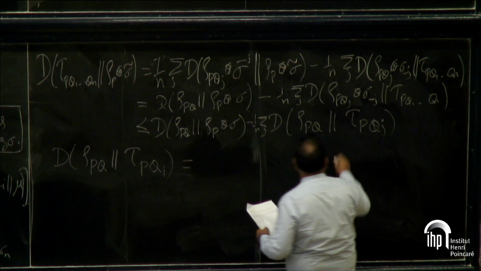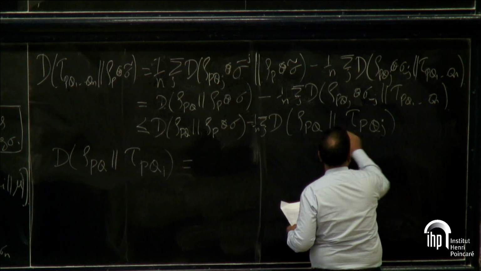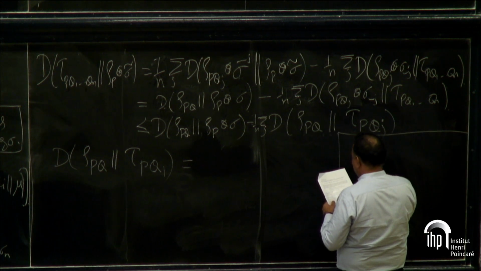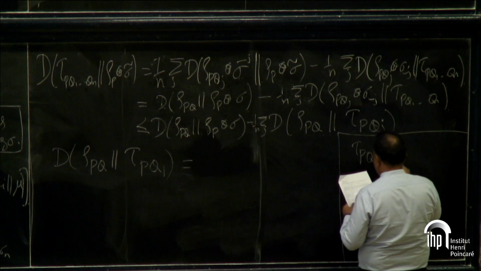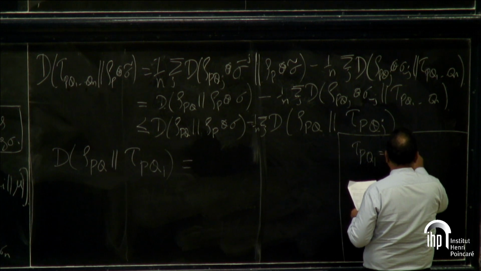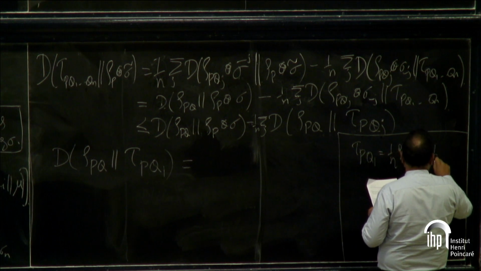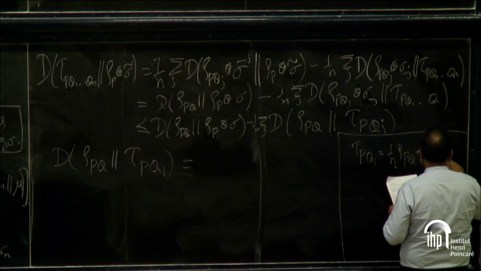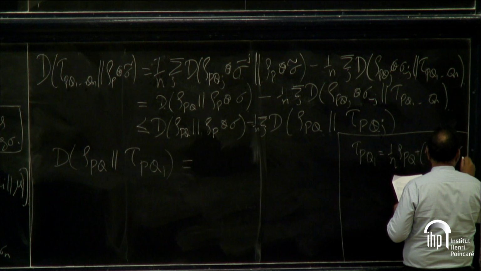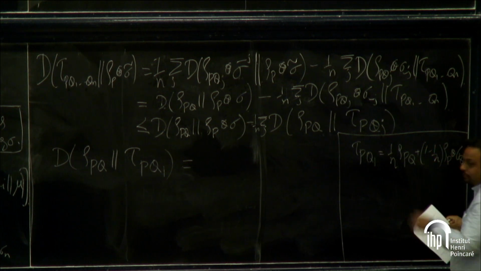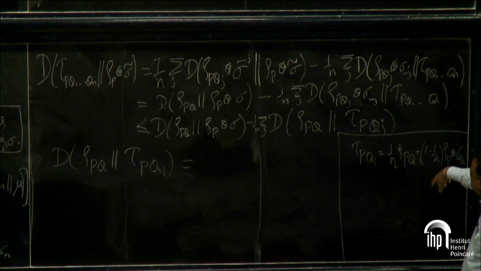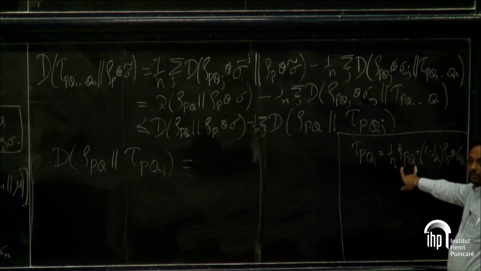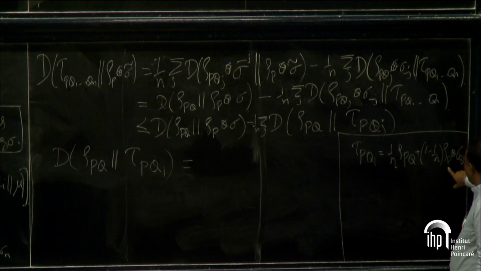Now, one thing we can note is that tau_{PQ_1} is 1 over n rho_{PQ} plus (1 minus 1 over n) rho_P tensored sigma_Q. You see, only in one of the components in that mixture we get rho_{PQ}, and in every other component we get rho_P tensored sigma_Q.